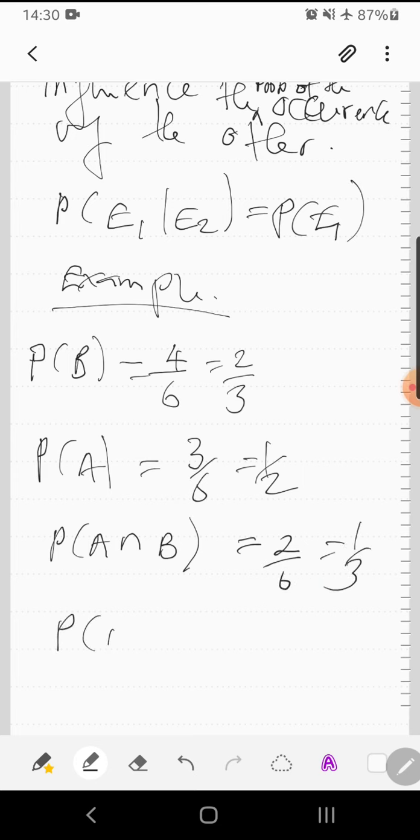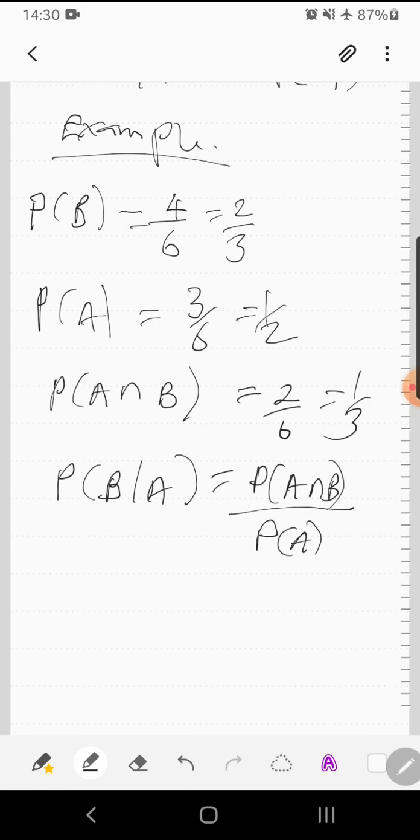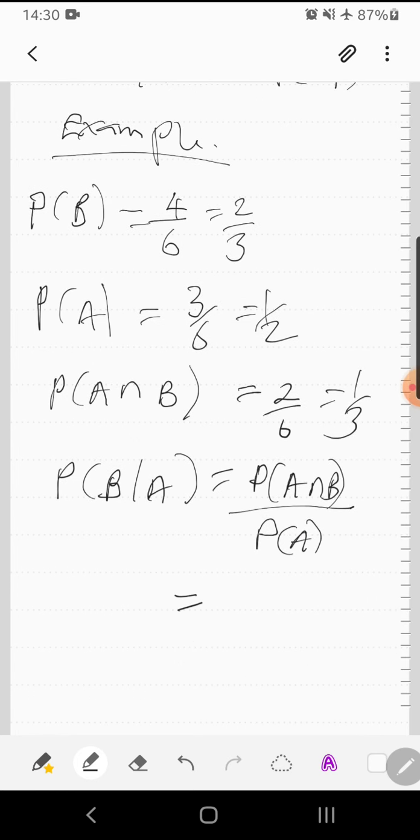Now let's find the probability of B given A. This is the probability of A intersection B over the probability of the condition, which is A. That is 1 over 3 divided by the probability of A, which is 1 over 2.